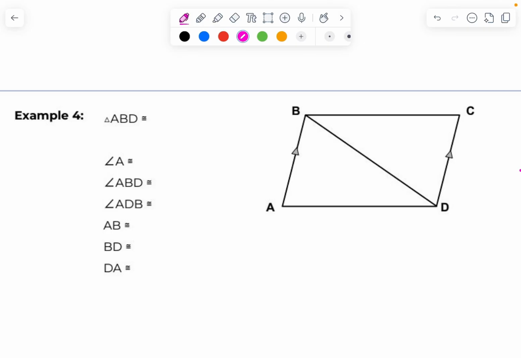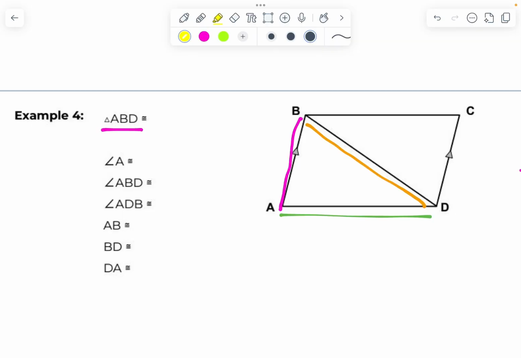Example 4, triangle ABD. So that means we're going to start here at A and go to B, and then B to D. And so that's the order that it's telling us, and then the last side would be D back to A. So we need to figure out how the other triangle will change, turn, rotate, flip, whatever, to match up with what we've got here. We do notice that there are parallel lines marked, and we also have a transversal.